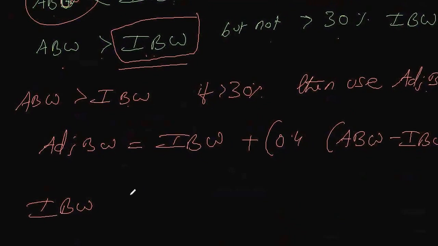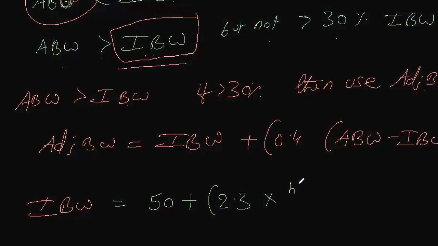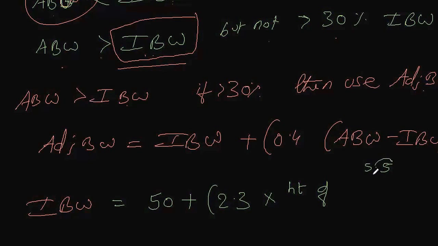The ideal body weight formula for a male patient is 50 plus 2.3 times the height of the patient above 5 feet. If the patient height is 5.5 feet, then we are going to consider only the portion above 5 feet. Let's say the height of the patient is 5 feet 5 inches.